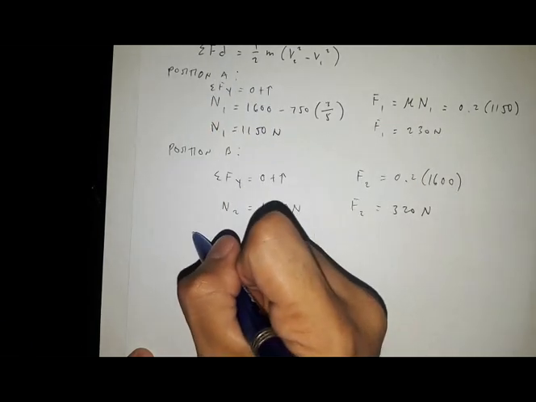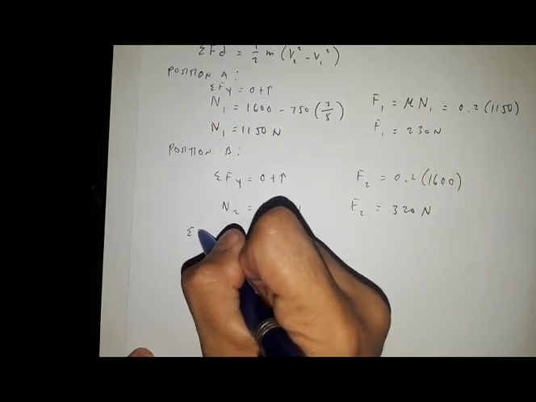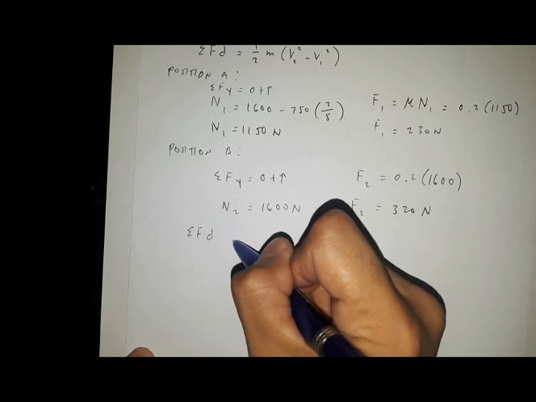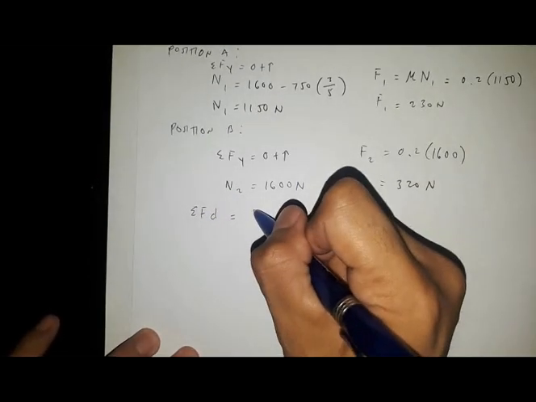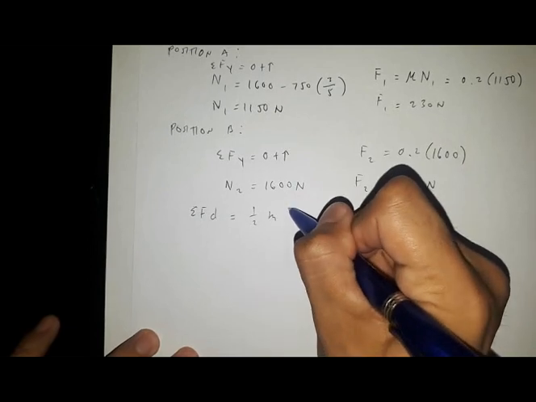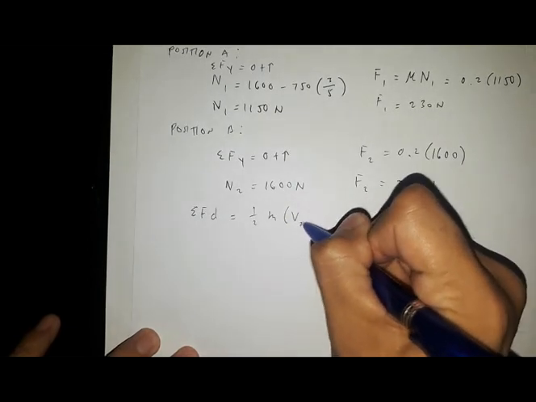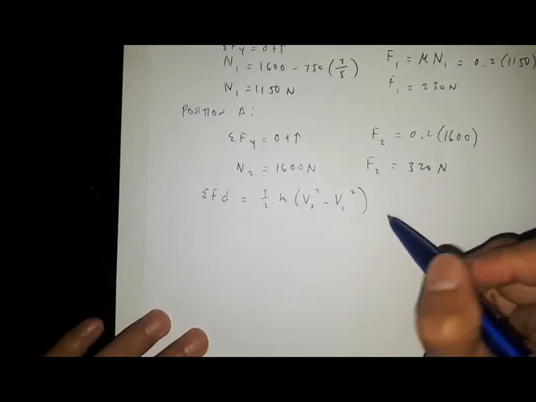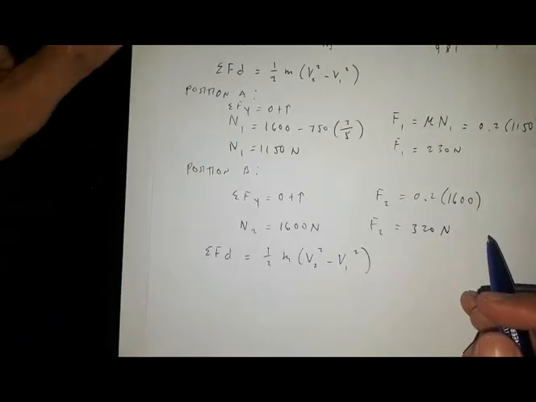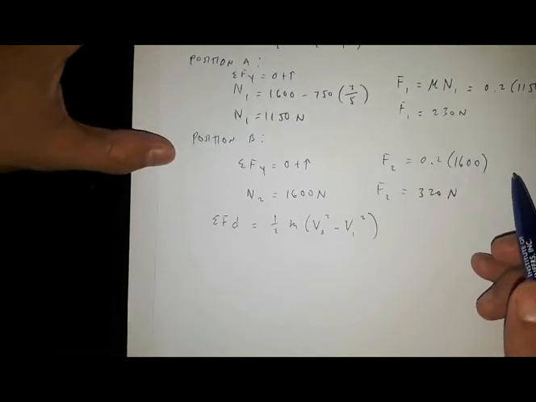So here we can substitute summation of forces times distance, or summation of work, equals 1/2 m times v2 squared minus v1 squared. So let us first identify the positive work.